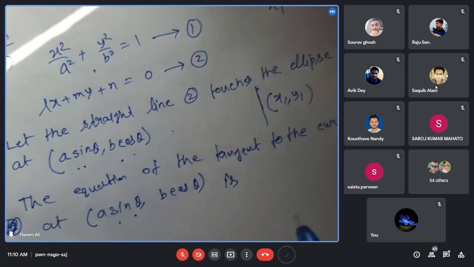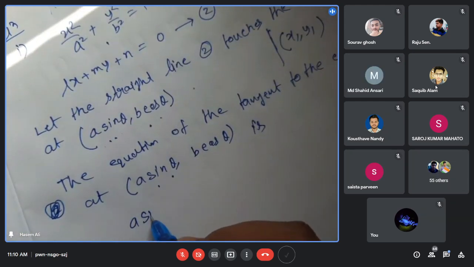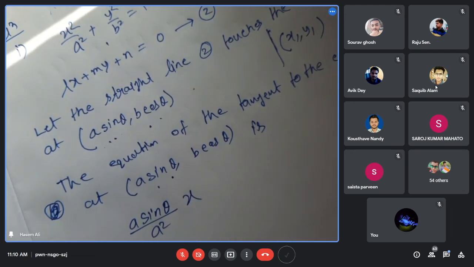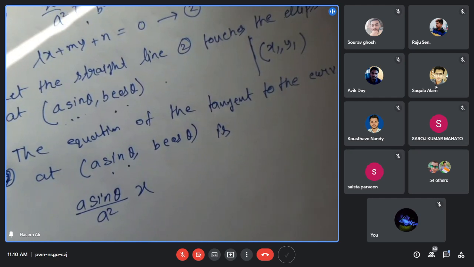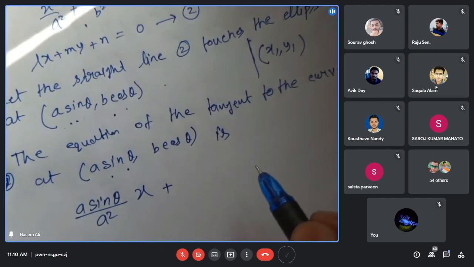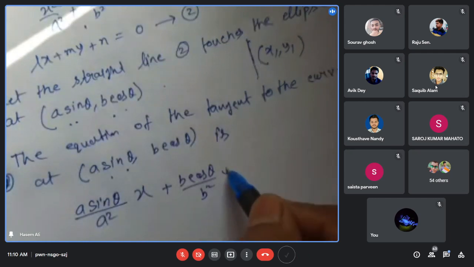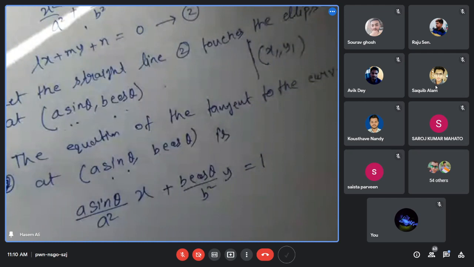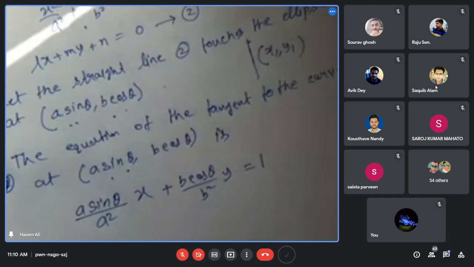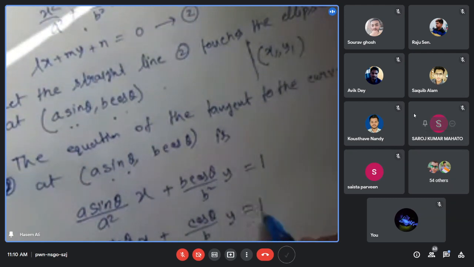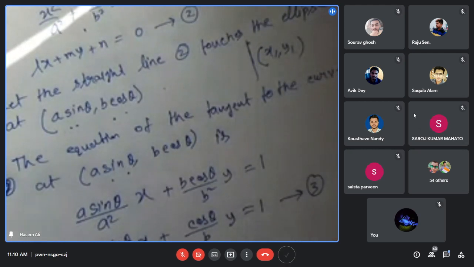So x1x means (a sin theta)/a² into x, plus y1y, so (b cos theta)/b² into y equals 1. That means (sin theta/a)x + (cos theta/b)y = 1. This is our equation 2.